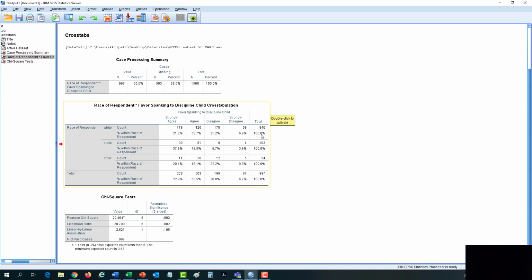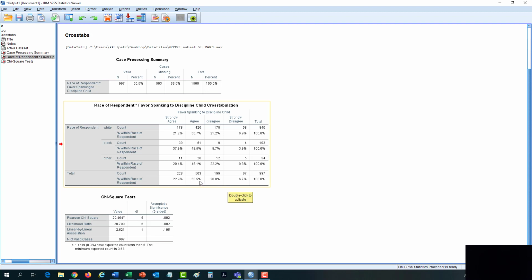The next thing you're going to have to tell me is whether these groups, white, black, and other, are statistically different. And what that means is that there has to be at least a 10% difference in each column, or actually most columns, for you to say that white, black, and other respondents are statistically different. So in the strongly agree column, there is at least a 10% difference.